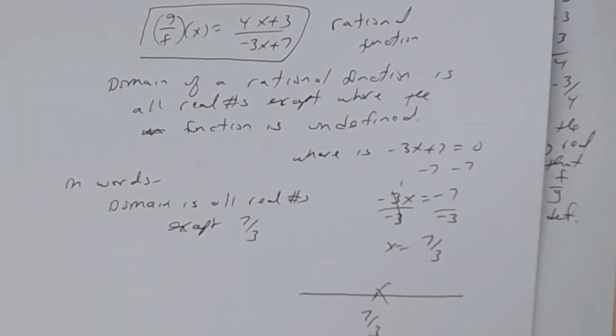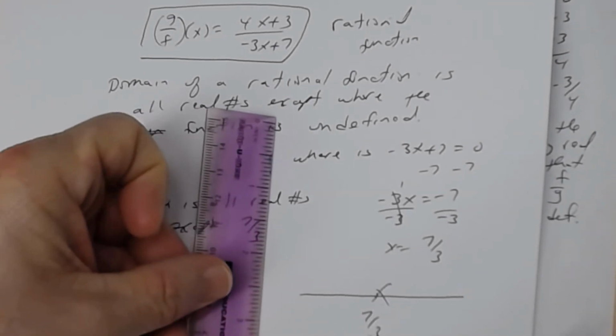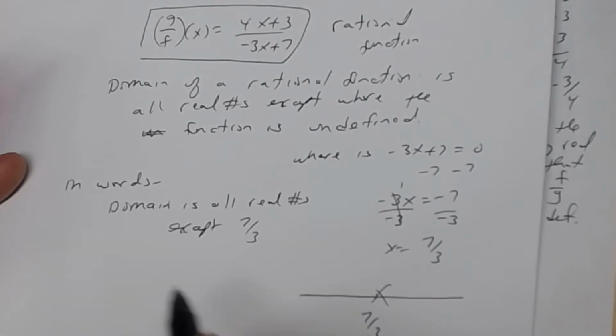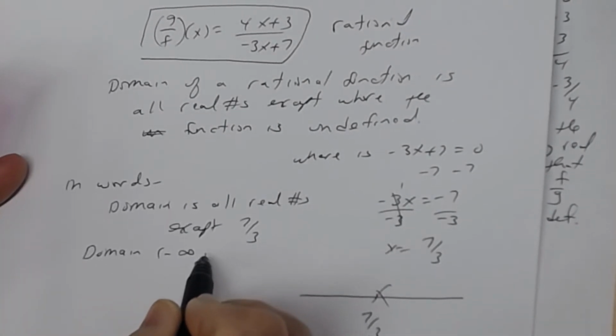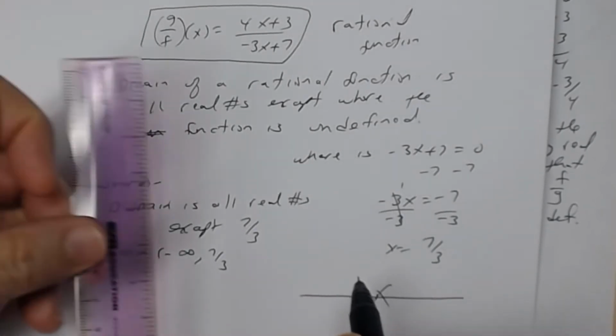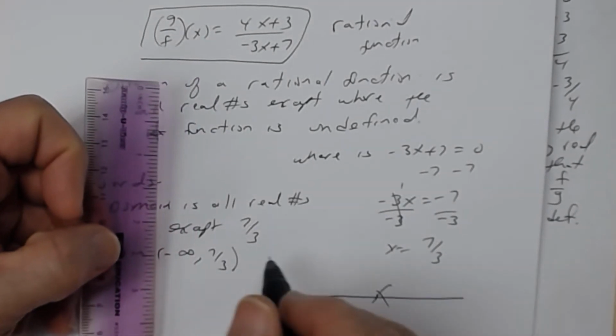All right, so let's talk about how to write this now. So to write this, remember, you're going to go from, let me get my ruler, negative infinity to 7/3. Okay, with a parentheses because I cannot use it. That's not part of the domain.